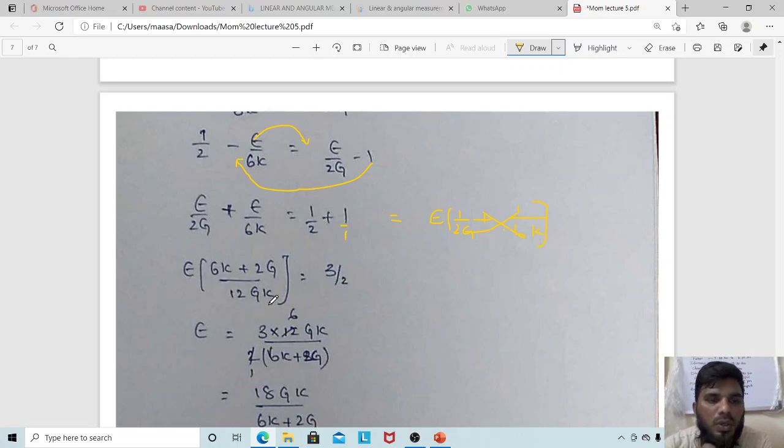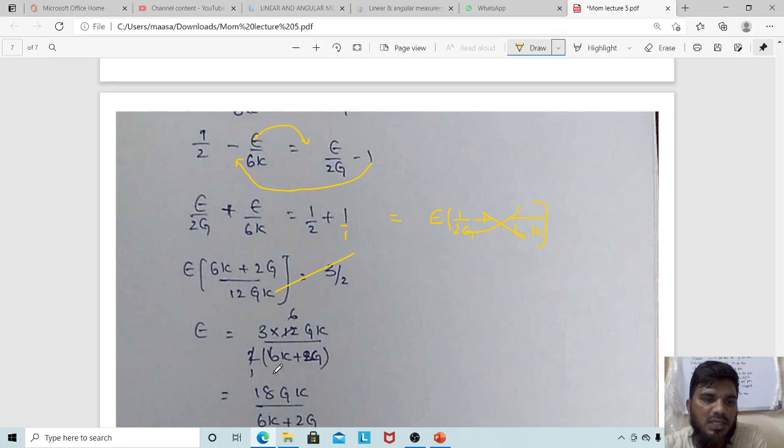So I want the value of E, which is equal to 12 into 3 into gk, by cross multiplication, divided by 6k plus 2g. 2 ones are 2, 2 sixes are 12.